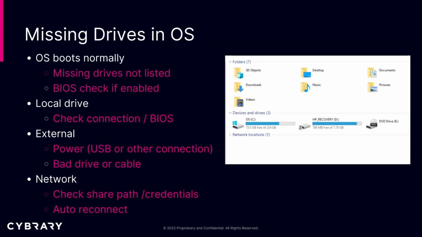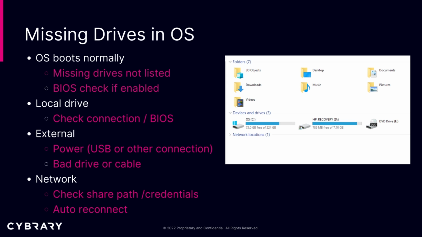Now, sometimes the operating system will load, and you may have missing drives in the operating system. If the system boots fine and the operating system boots up normally, again, you may have drives that may be bad or missing or not listed. Check BIOS again to see if you see those other drives. Also, you want to check the connection of the drive.